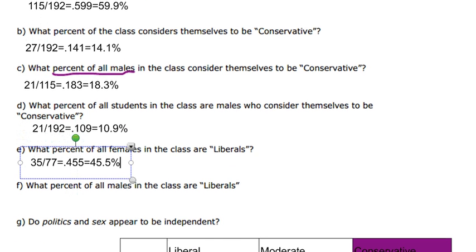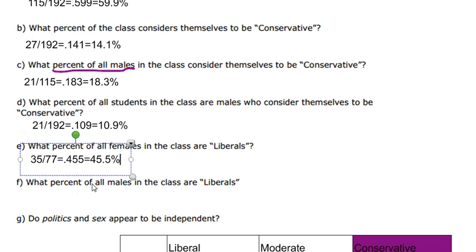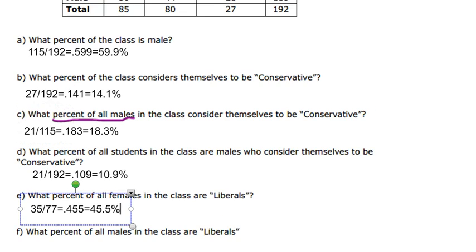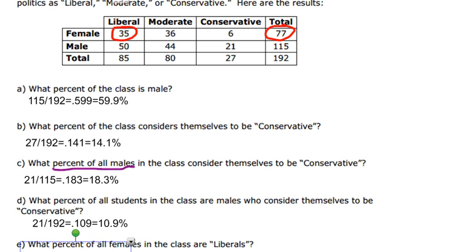Now F asks the same thing. What percent of all males in the class are liberals? Again, I'm just going to use a different color. We're looking at only the males, and only the liberal males.